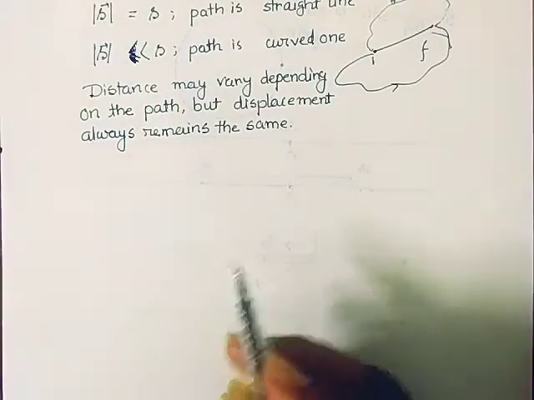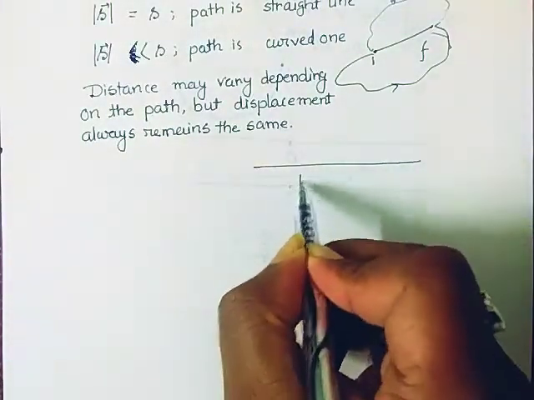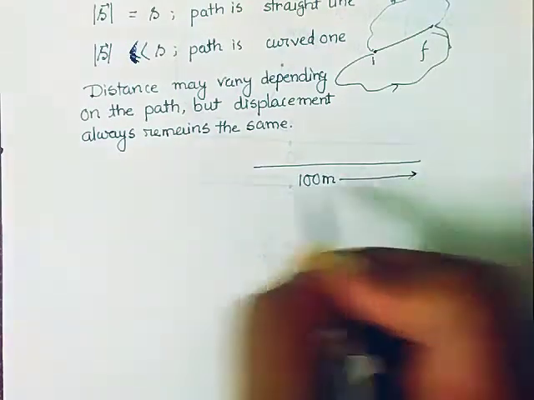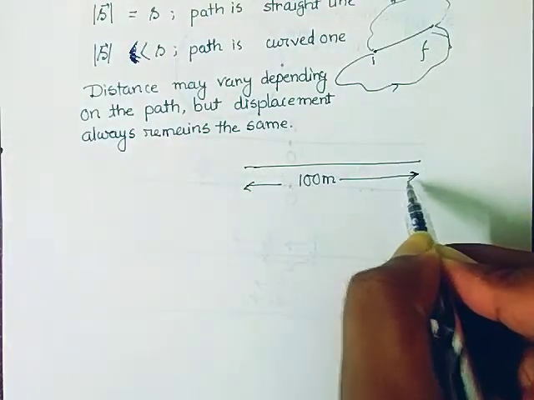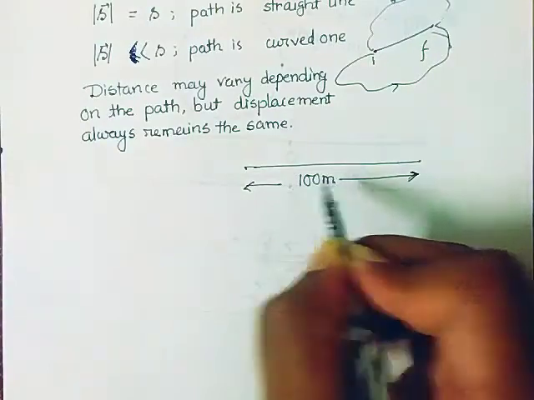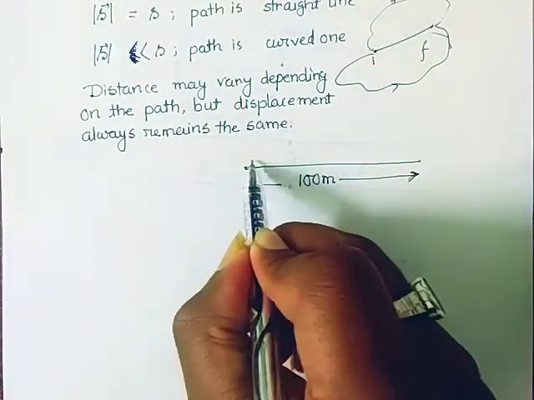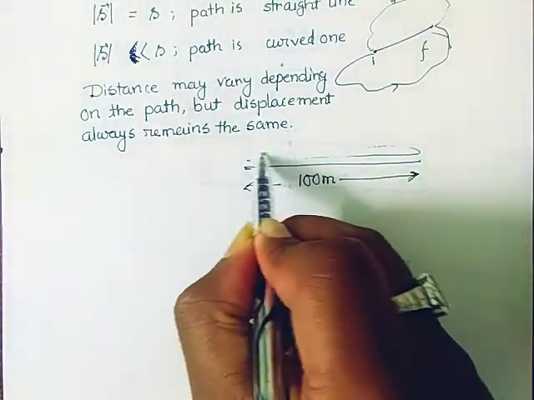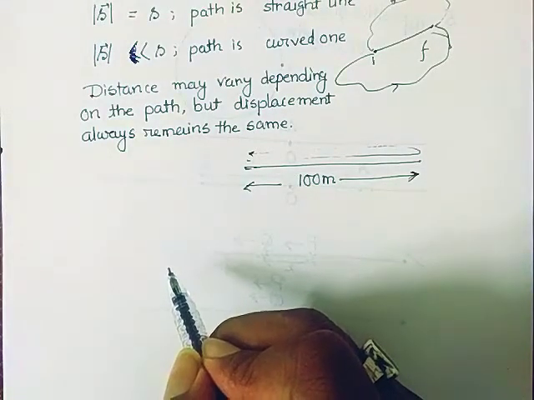If I consider a scenario just like the previous one, a 100-meter race, and the sports committee has decided to conduct a 200-meter race on this track. So the participants have to move in that direction and again return back to this point. This is the path to be followed.